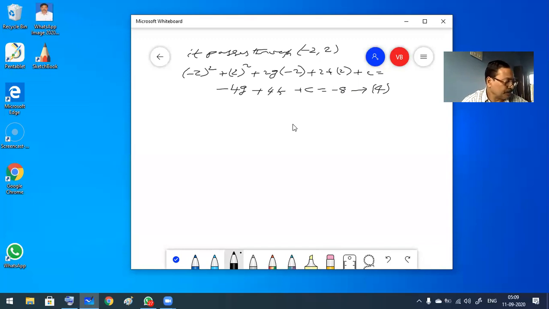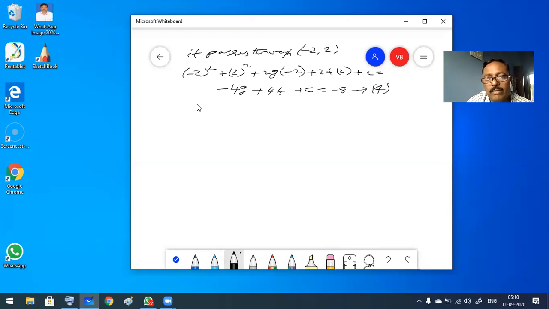So next, now we have three equations in g, f, c. By using these three equations, we can find g, f, and c. So we solve the three equations.